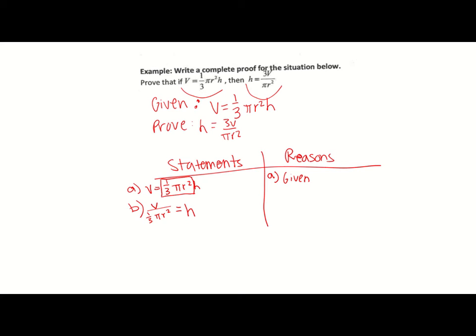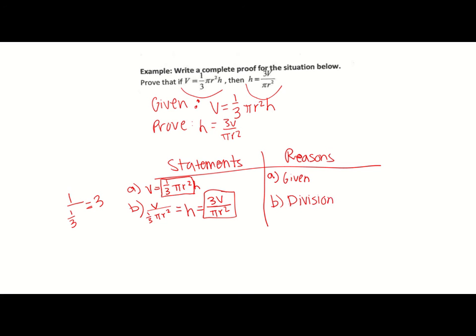And when I have a fraction like that, it is equal to 3v over pi r squared. So right here, this is saying 1 over 1/3 is equal to 3. That's where I get that 3 on top from. So the reason I can divide all that stuff is because of my division property.